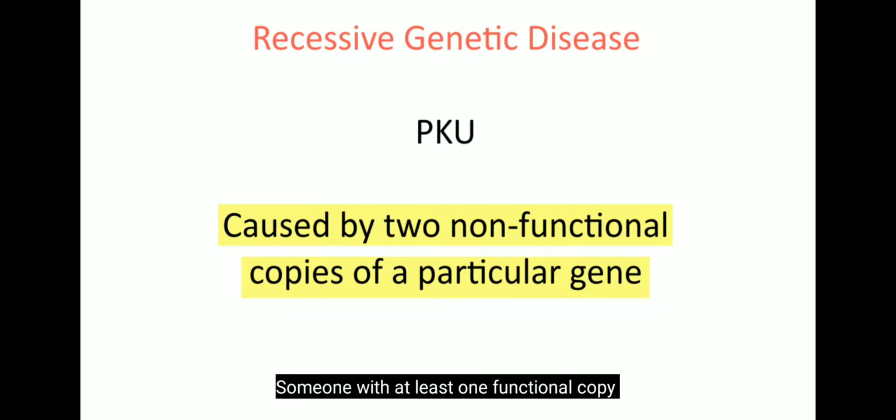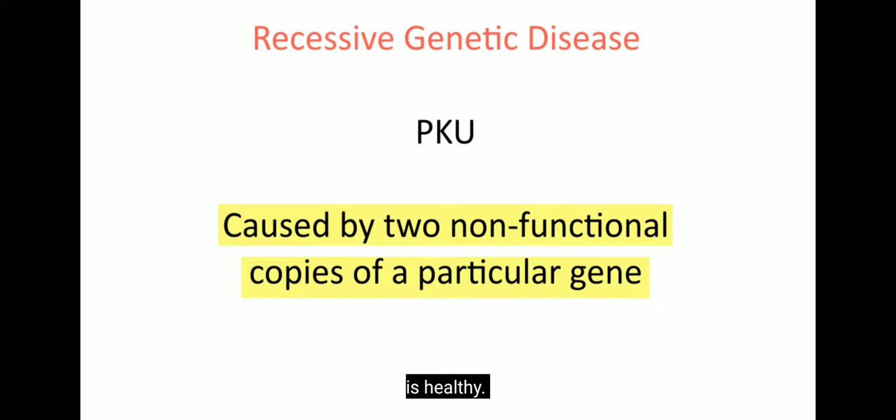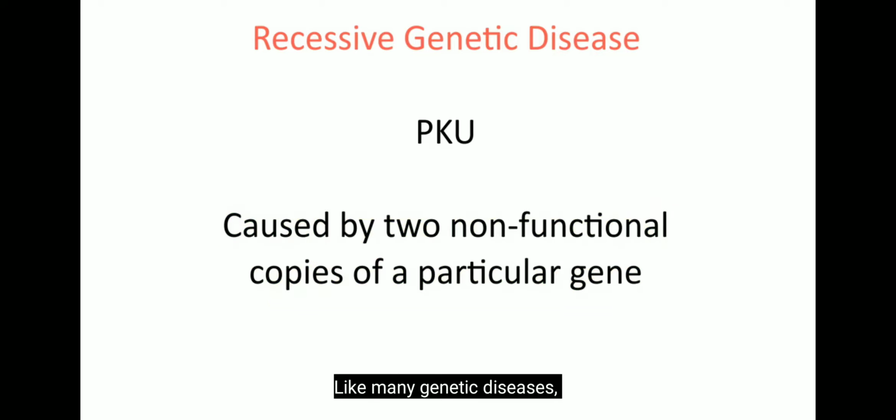Someone with at least 1 functional copy is healthy. A person with 2 non-functional alleles develops PKU. Like many genetic diseases, PKU is recessive. A person with at least 1 normal allele does not develop it.